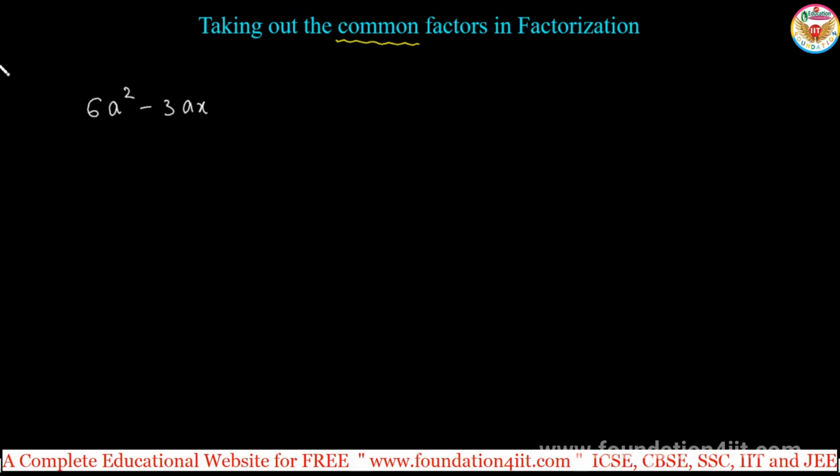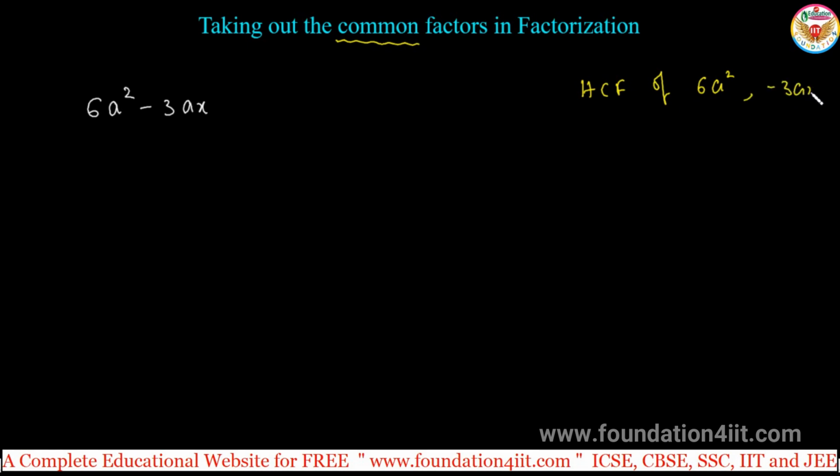To take out the common factor, we need to find the highest common factor, not just any common factor from this. The highest common factor of these two terms, 6a square and minus 3ax. In these two terms, which is the highest common factor?